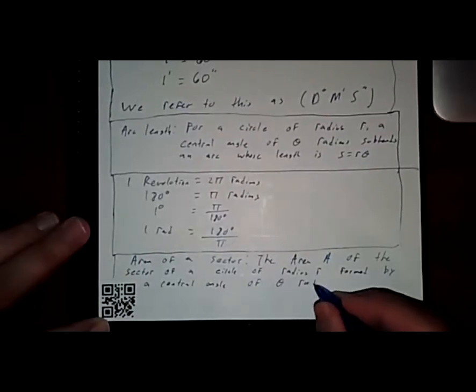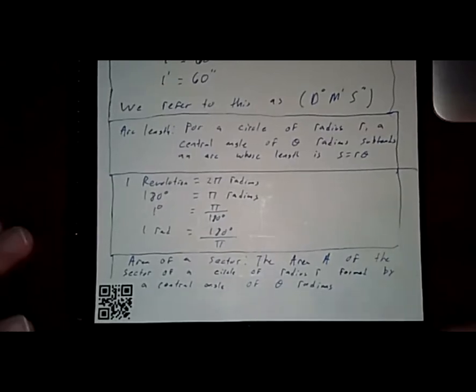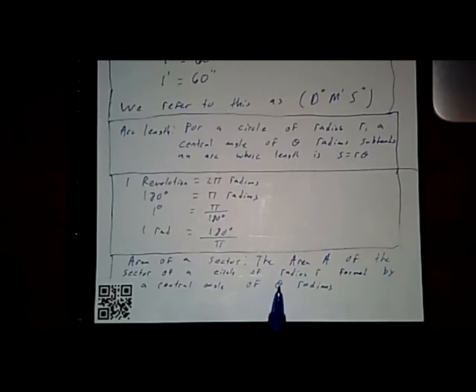of theta radians. We use the lowercase Greek letter theta for angles almost all the time in this class. If you ever see this, 90% of the time, if not more, they mean some sort of angle.